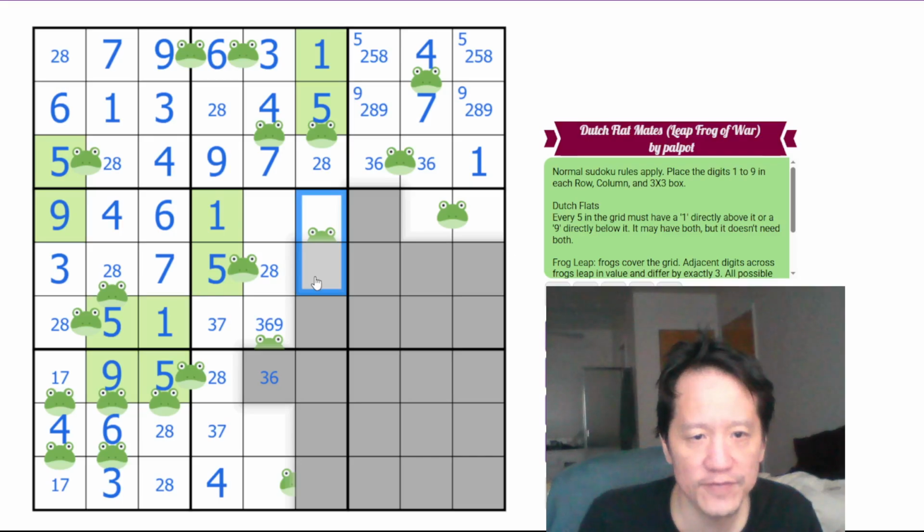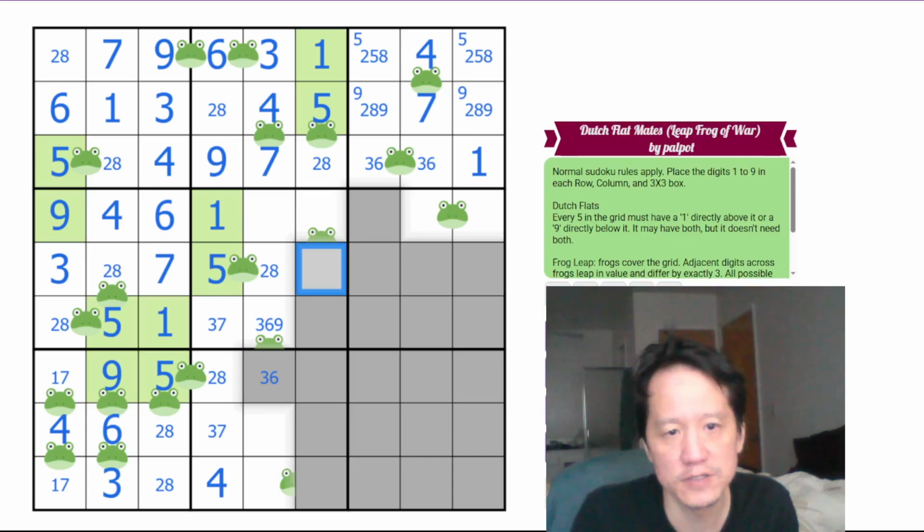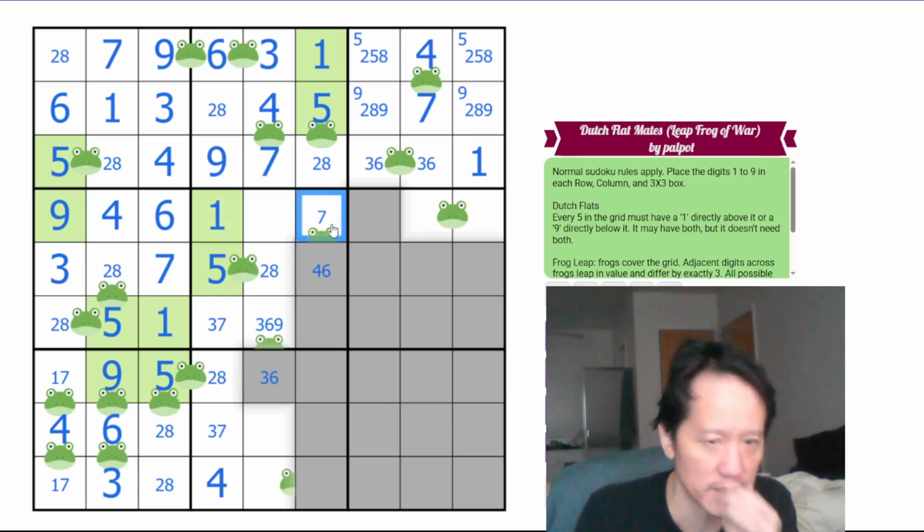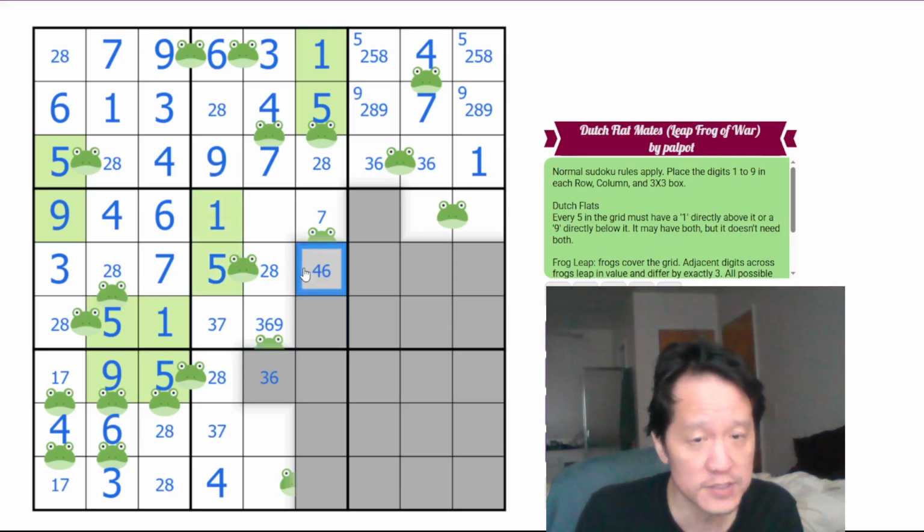This cannot have a 5 between. This cannot be 4, 5, or 6 here. So this must be a 4 or a 6 here. If this is 4, it has to be with 7, because there's no 1 possible in its box. If this is 6, it cannot be 9, so this must be 3 next to it.